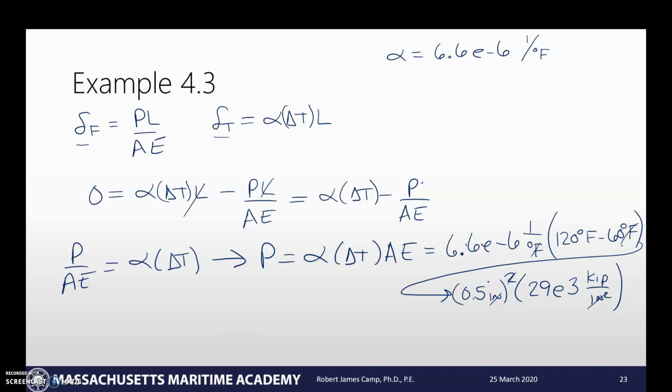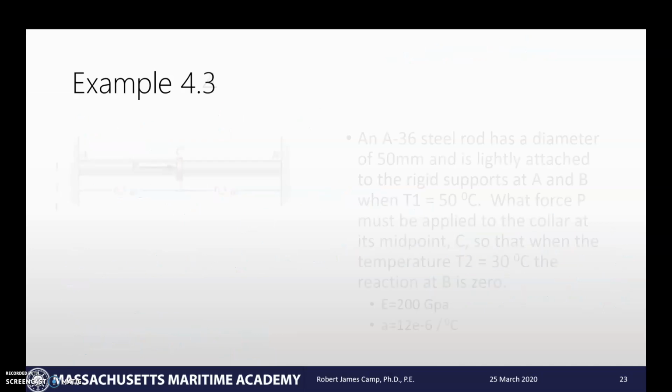We're left with kip. And so that's just going to be 1,000 pounds. And so when I go and calculate that, my P is going to be 2.871 kip, or 2,871 pounds. That's not the answer, though, because remember, it asked us, what is the internal stress?